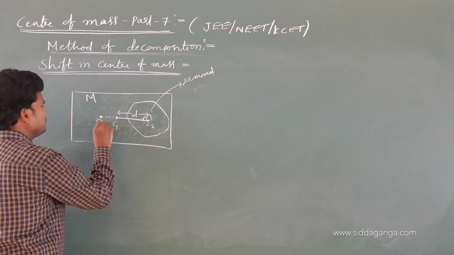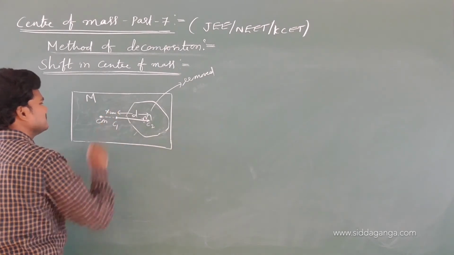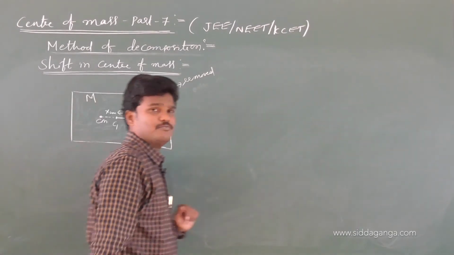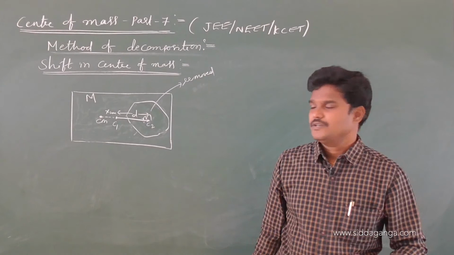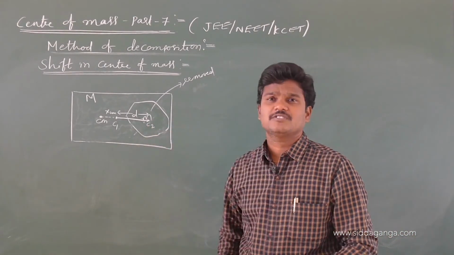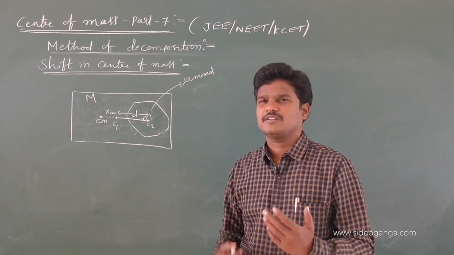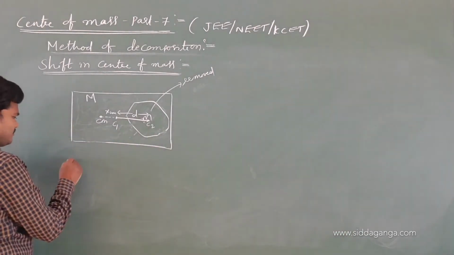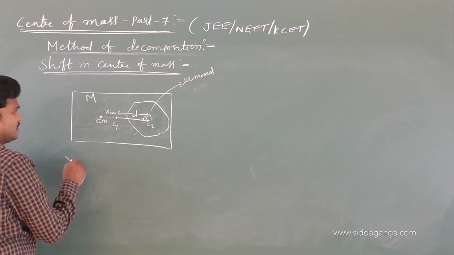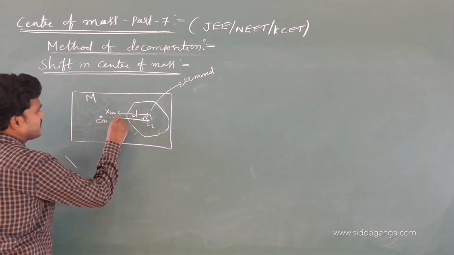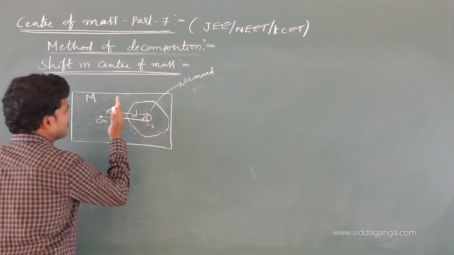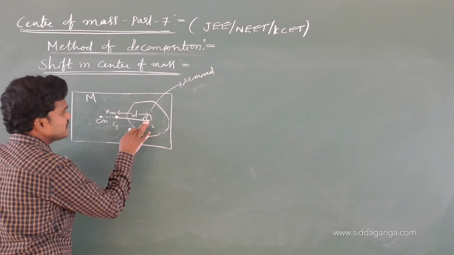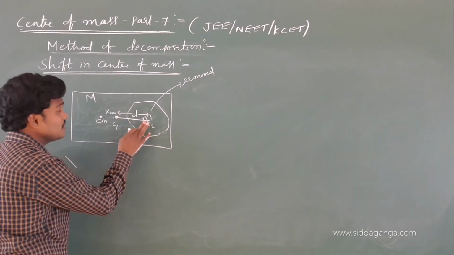Okay, see this is the position of center of mass. To find this center of mass, use the same approach, the sum of moments of masses about the center of mass is 0. Otherwise, let me write here one formula to solve problems directly. Say I want to get the center of mass from this one. If this is M1, if this is M2, I think you remember the formula.